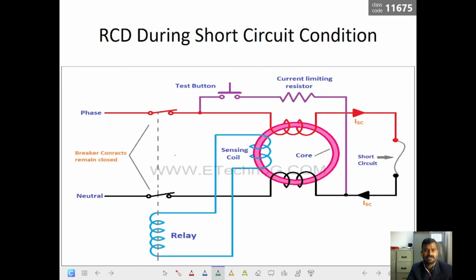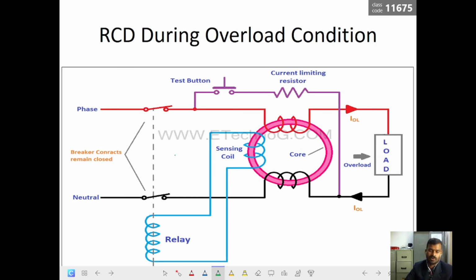Now let us see what happens if there is an overload condition in the circuit. I don't have the MCB here, I have only the RCD, for this explanation purpose. Now I have connected the circuit and the load is connected.